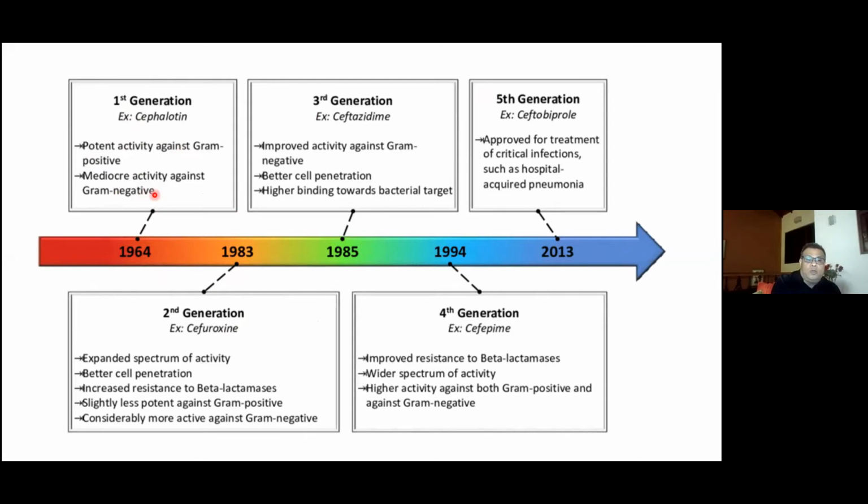As generations progress, they develop effectiveness towards the gram-negative organisms. The second generation has slightly expanded activity, better cell penetration, and is slightly resistant to beta-lactamase, and less potent against gram-positive, whereas more active against the gram-negative. These properties have been developed more and more in the third, fourth, and fifth generations.